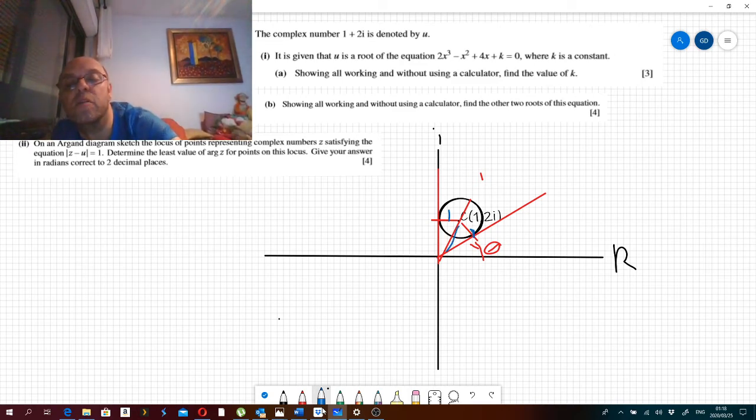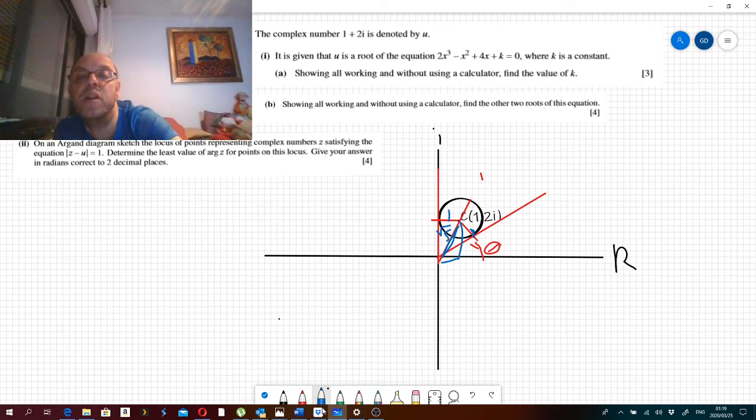And can we work out this length over here for the 90-degree triangle? Of course we can, because we know that the point is 1 along the x and 2 along the y, which means that this one must be root 5, using some Pythagoras.